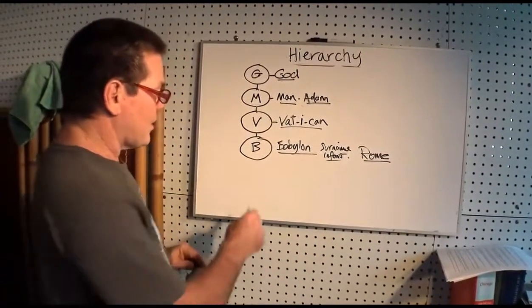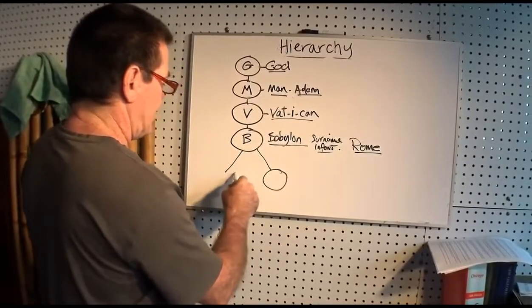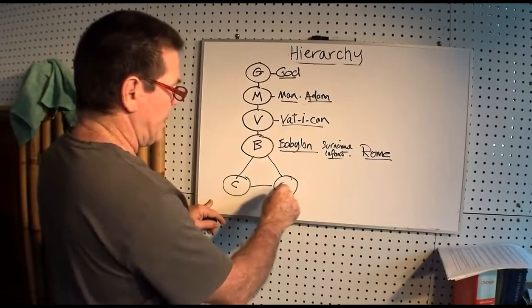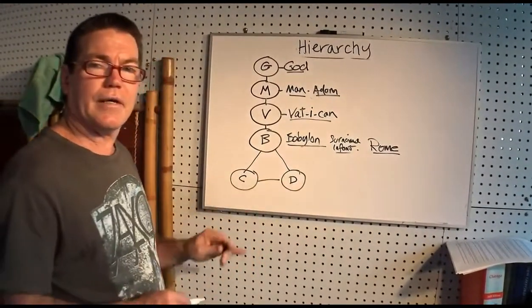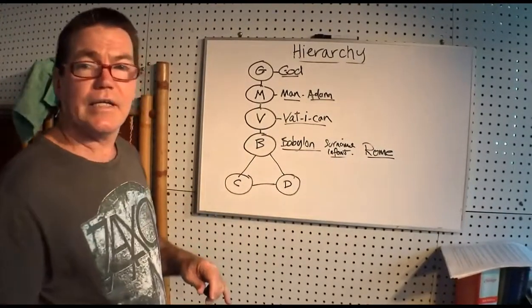I'll even show you why with the Babylonian text as well. And what Babylon has done is it created a creditor and a debtor.